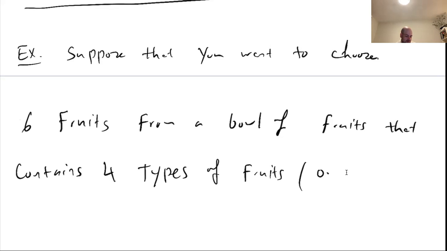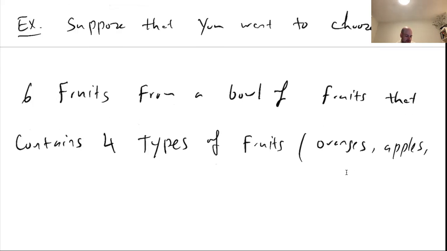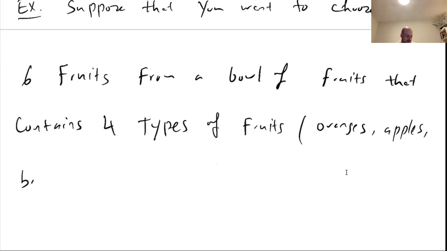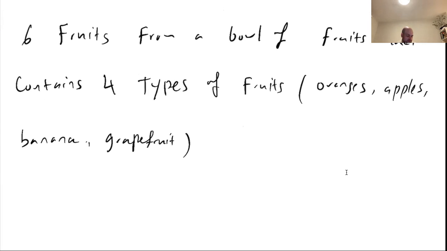Four types means oranges, apples, bananas, and let's say grapefruit. So four types, and you want to choose six of them.